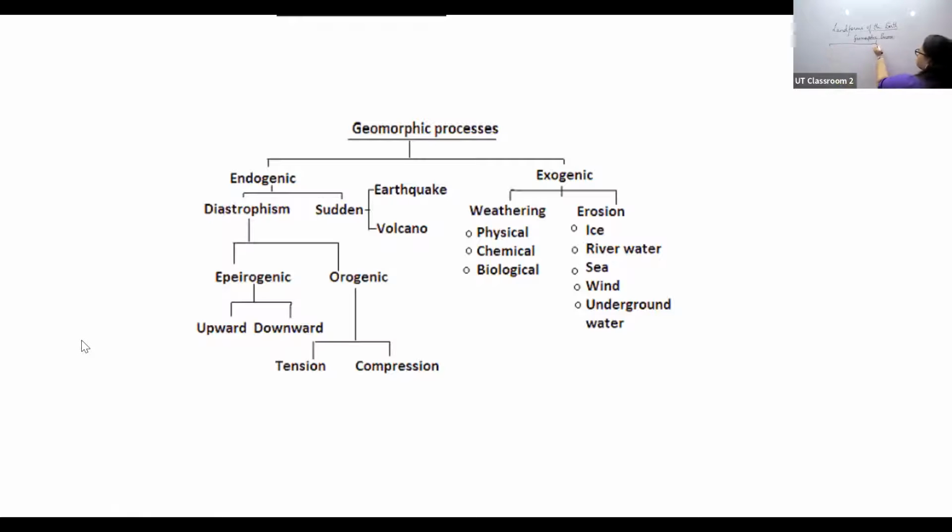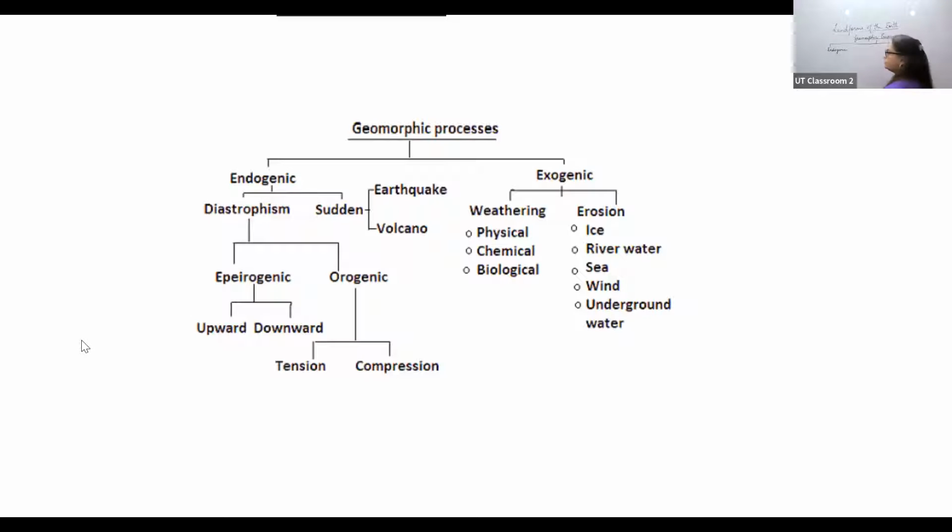Can you see this part of the board now where I'm writing? Yes, ma'am. I'm writing only what is there. So just draw that in your notebooks, the flow chart. Endogenic and exogenic.